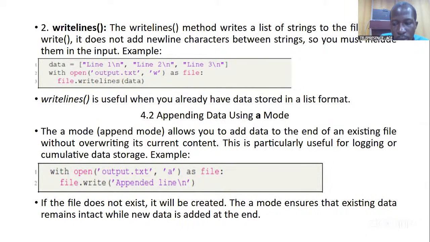So take note of that. It maintains the integrity of the existing data, and then it adds new entries, new data, to that. It will not change it. It just adds, and this addition will be done at the end of the existing file.